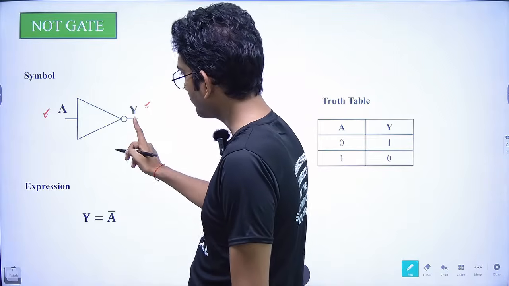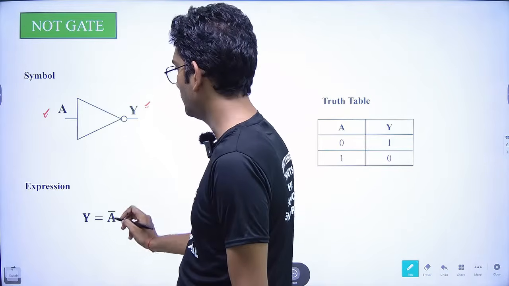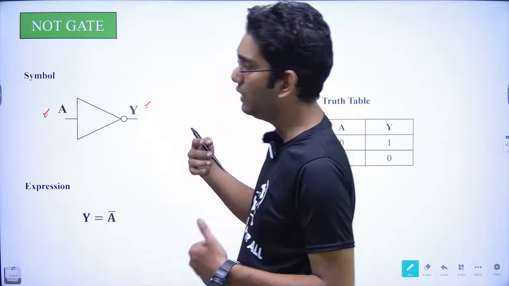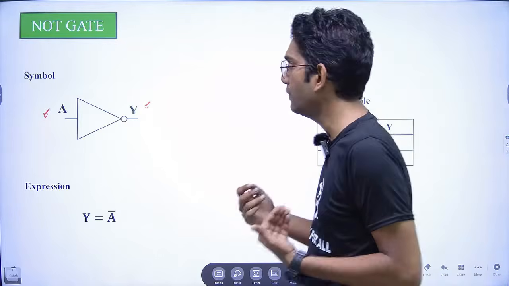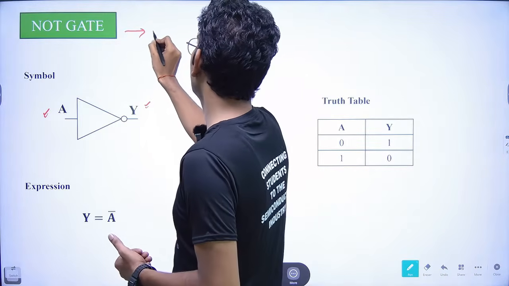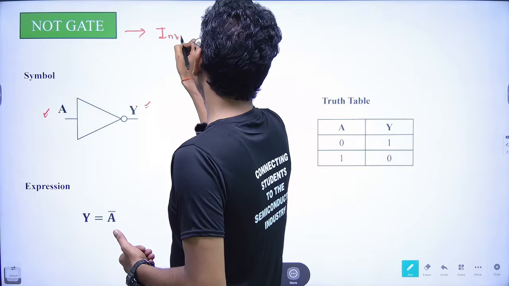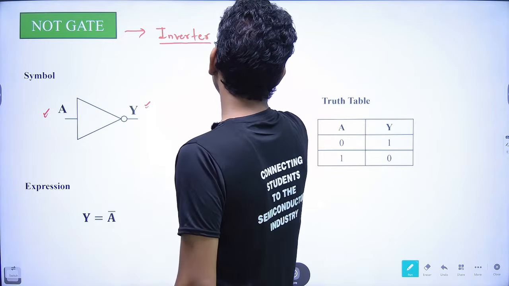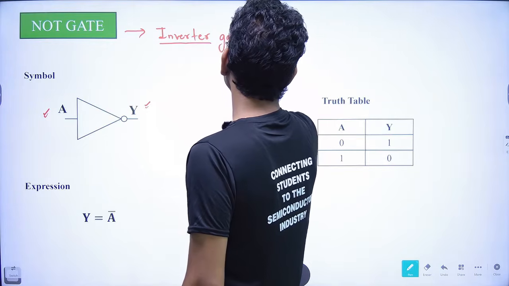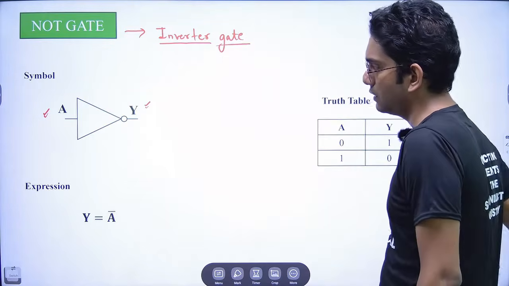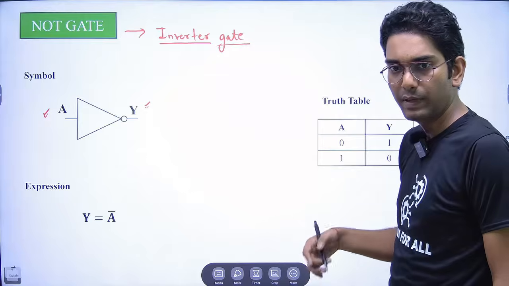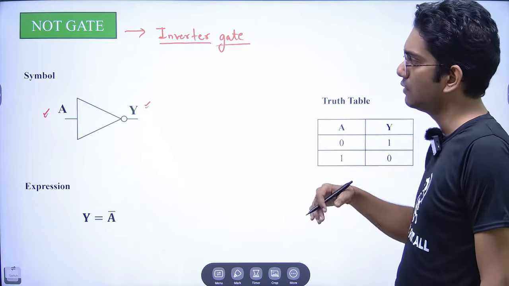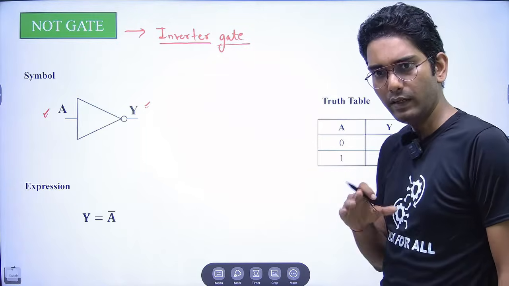This gate basically inverts the thing, so we can call this gate an inverter also. NOT gate or inverter gate. Fine. Because this NOT gate basically inverts whatever input is given to it.